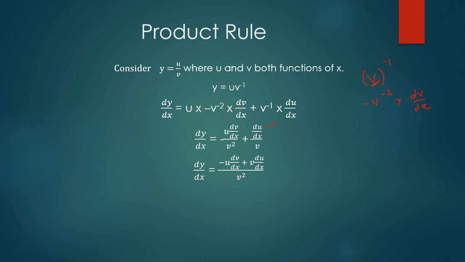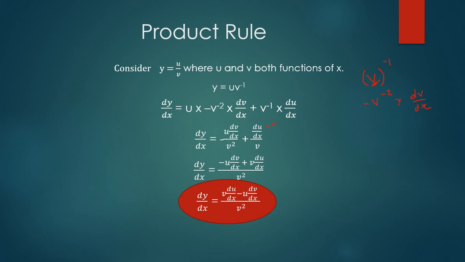And we can rewrite it so we don't have this negative sign at the front, and we get dy by dx to be equal to v times du by dx minus u times dv by dx, all divided by v squared. Now this here is what we call the quotient rule.